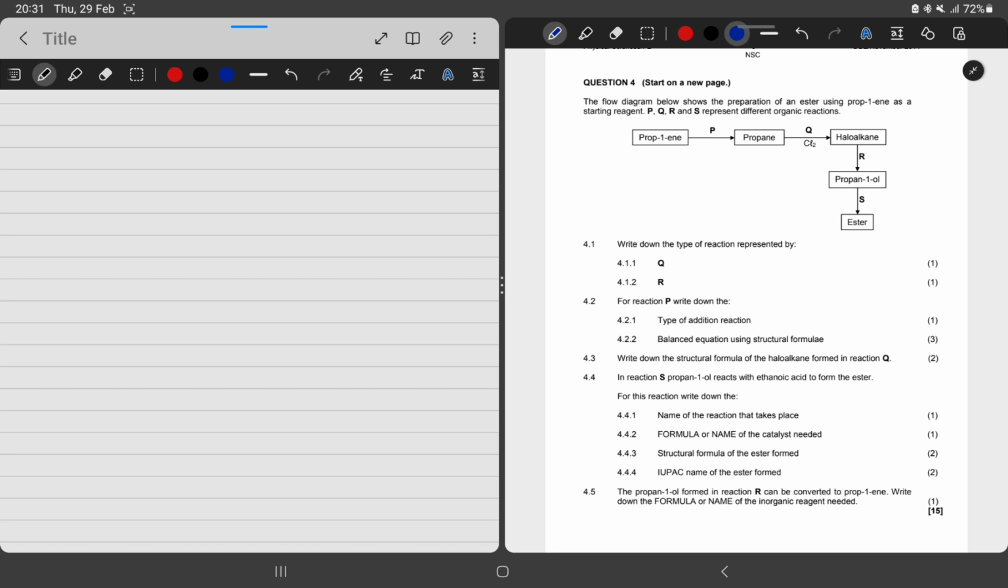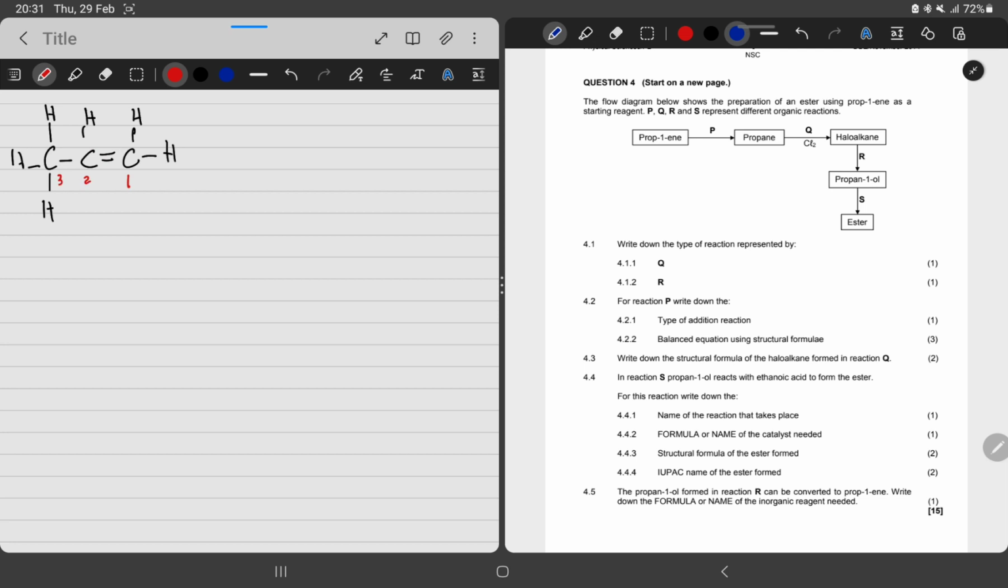Prop-1-yne will have a structural formula that looks like this. Okay, so we are saying at carbon number 1 we have the multiple bond. Prop means we have 3 carbon atoms, which is 1, 2, 3.